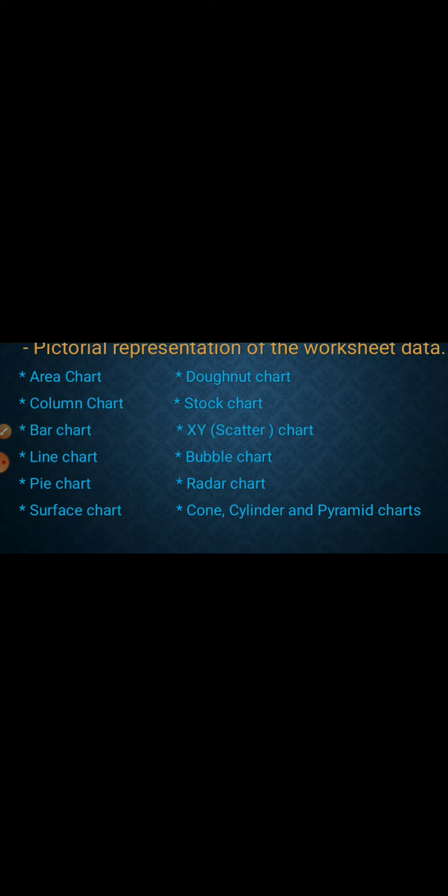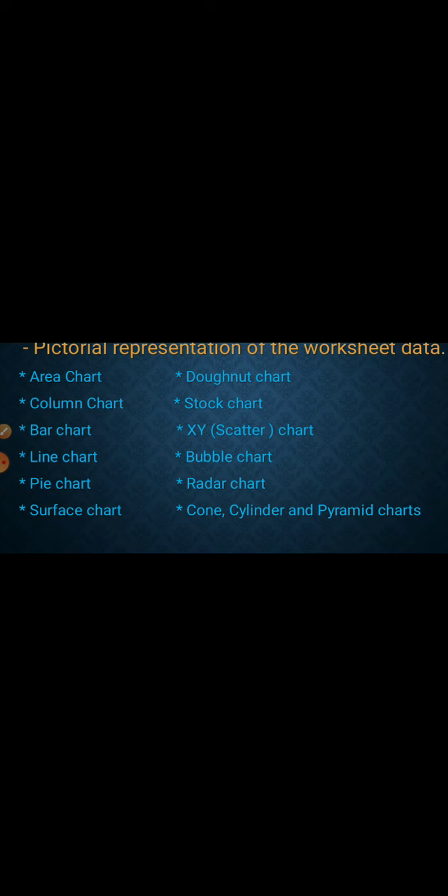Then the XY scatter chart either shows the relationships among the numeric values in several data series. Next, the bubble chart. It is a type of XY scatter chart. Radar chart. Each category has its own value axis radiating from the center point.